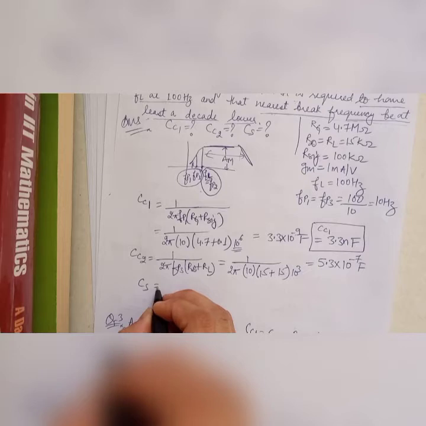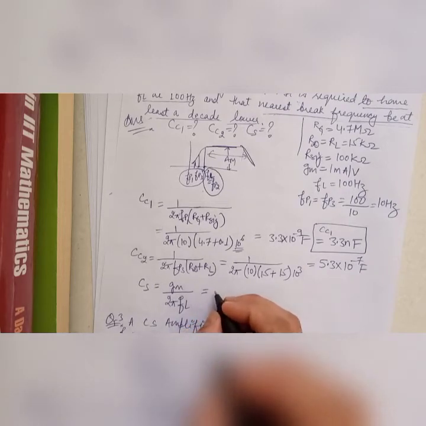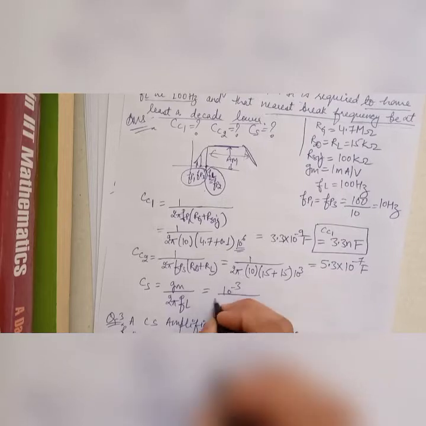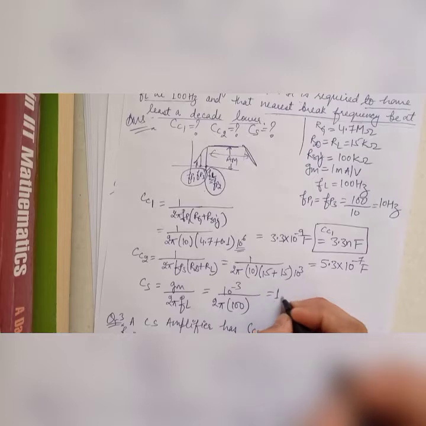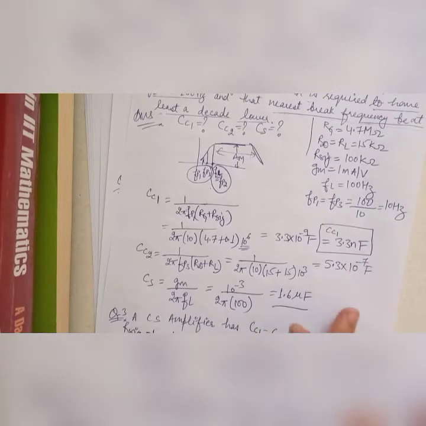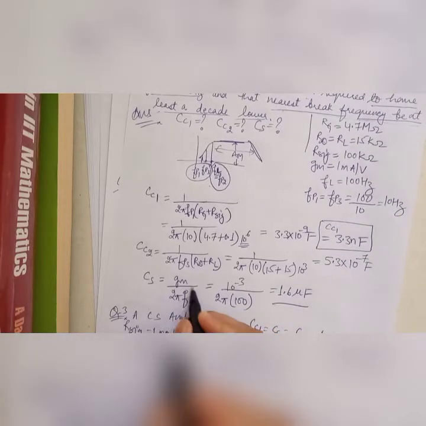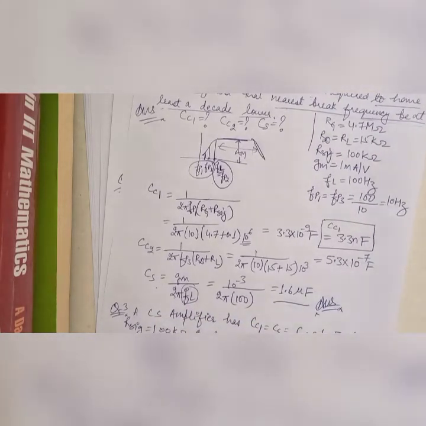The CS formula is gm upon 2 pi FL. So I substitute: gm is 10 to the power minus 3, FL is 100 Hertz. If you solve, you'll get 1.6 microfarads. So this is the value of CS. I got this from the FL formula, FL is gm upon 2 pi CS. So this is your answer for CS, CC1 and CC2.